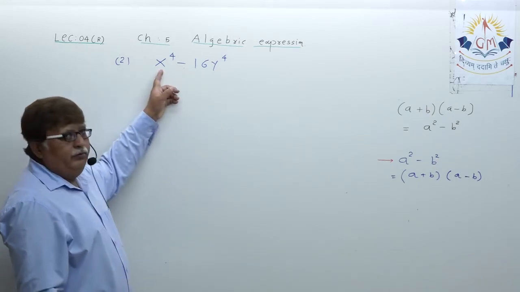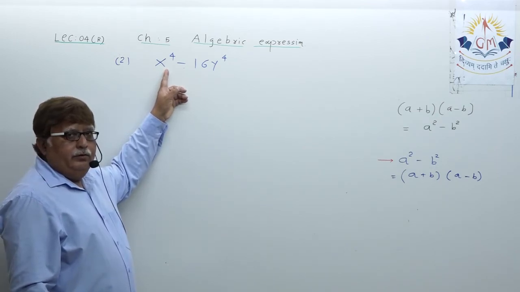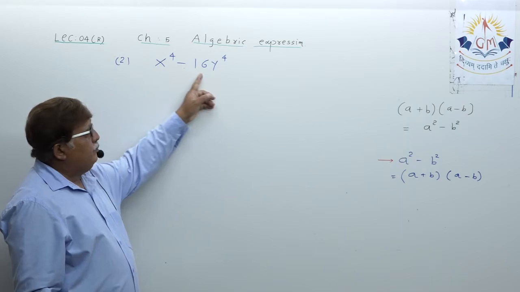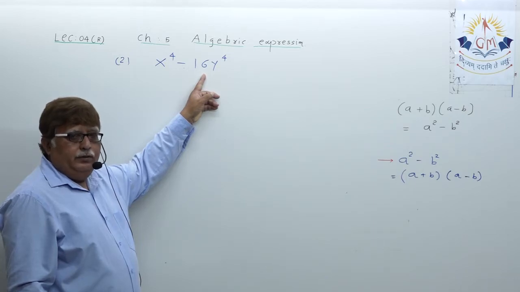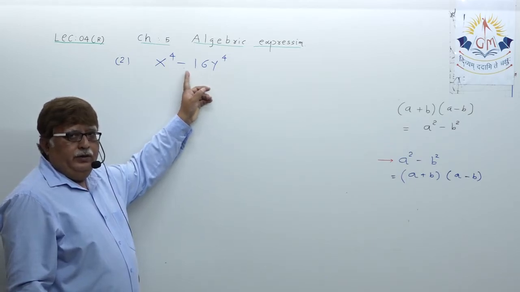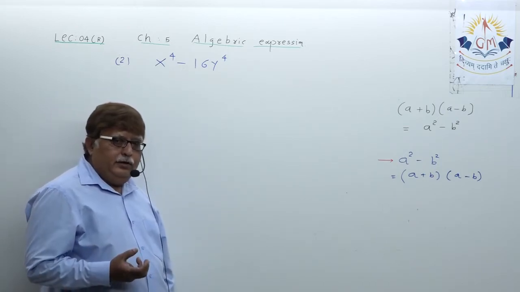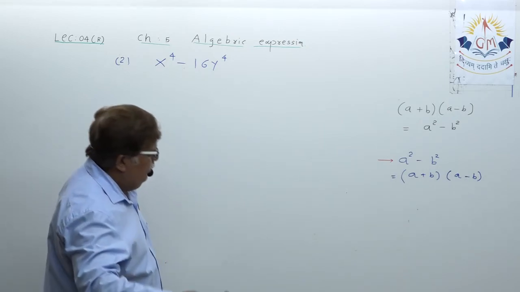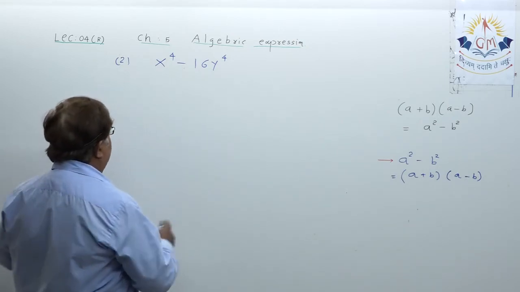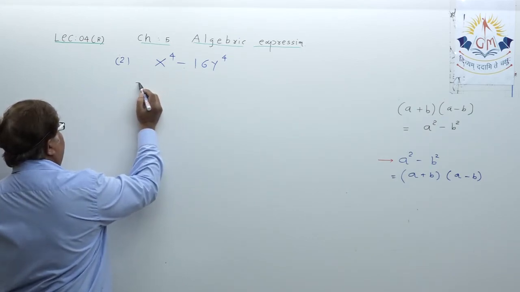Square root is possible. Can you speak the square root of this? x square. Square root of this, 4y square, in between a negative sign, yes. So let us follow this identity, a square minus b square. Let me write first.